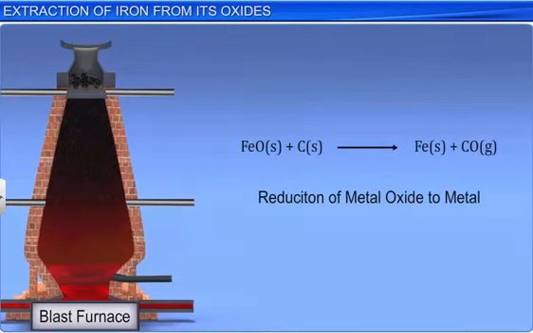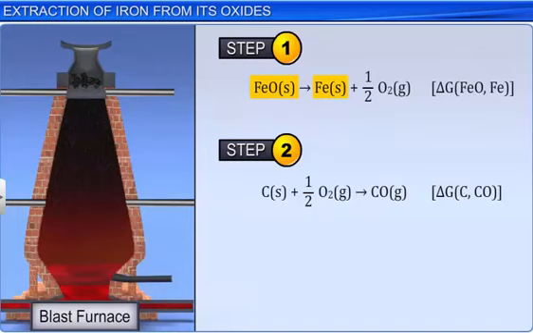Here, coke reduces ferrous oxide to iron, releasing carbon dioxide, as shown in the equation here. This is a combination of two simple reactions. In the first reaction, ferrous oxide gets reduced to iron. Let the change in the Gibbs free energy for this reaction be delta G FeO,Fe.